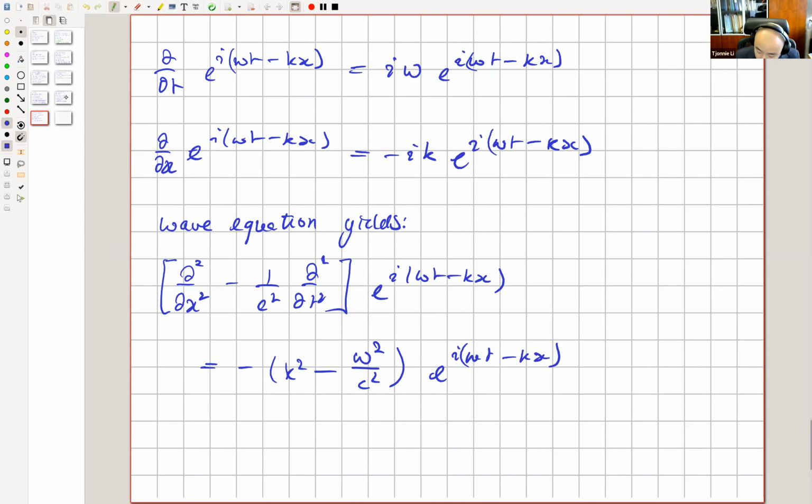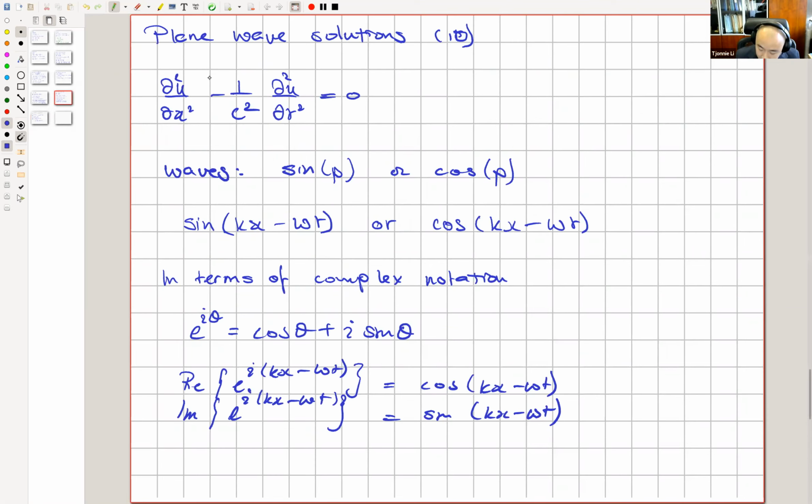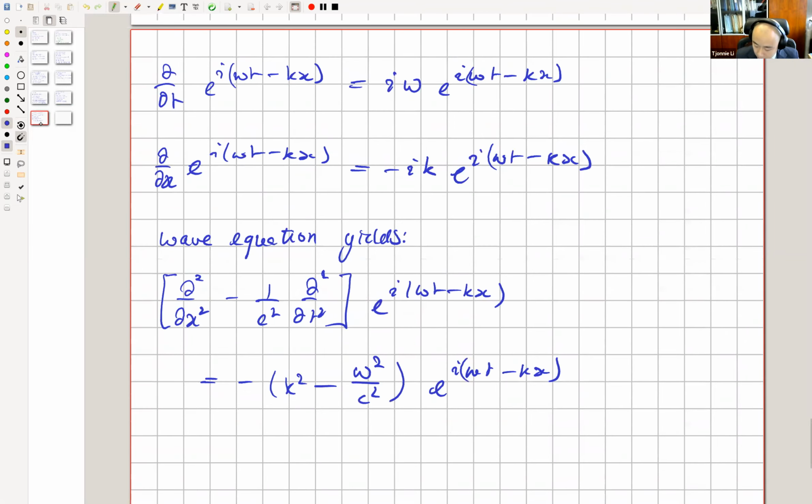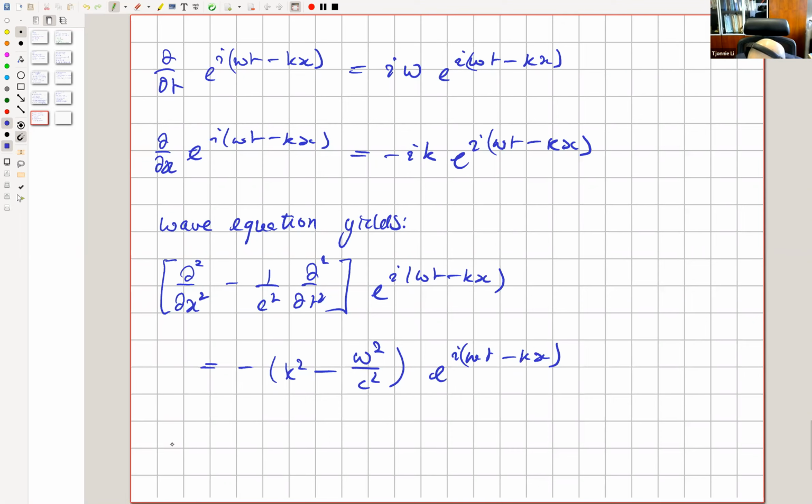Because our equation simply states that the left-hand side must equal the right-hand side. So what do we get? We get that this here should equal 0. That's the relation between c, omega, and k.